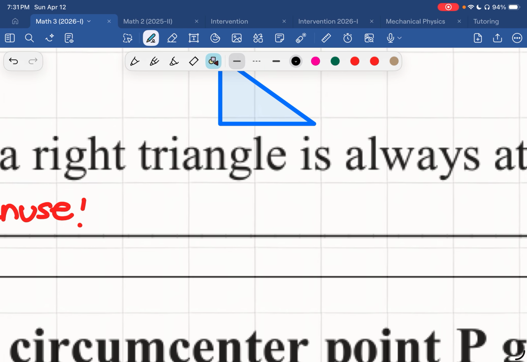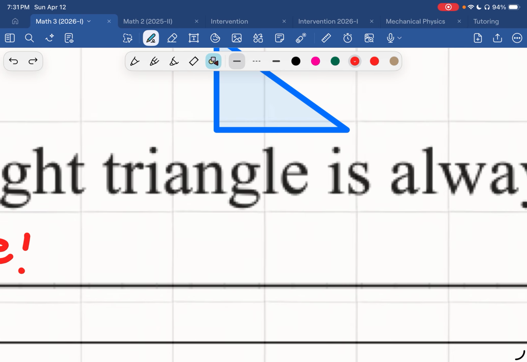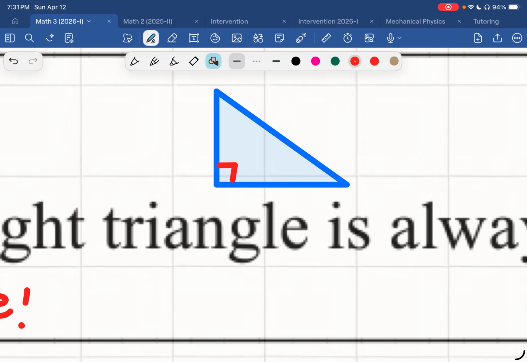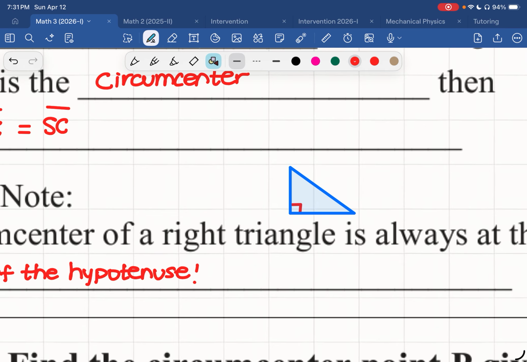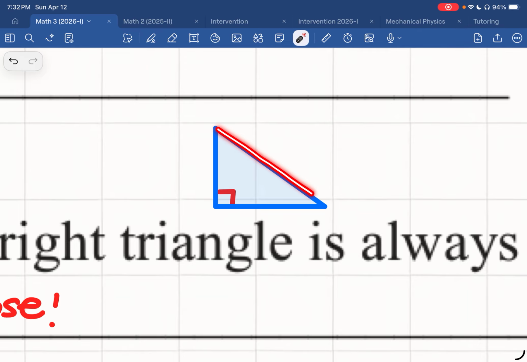It's a right triangle because, remember, we can recognize right triangles by the right angle here. Whenever you have a right triangle, the circumcenter is always going to be at the midpoint of the hypotenuse. Which one is the hypotenuse? The longest side.